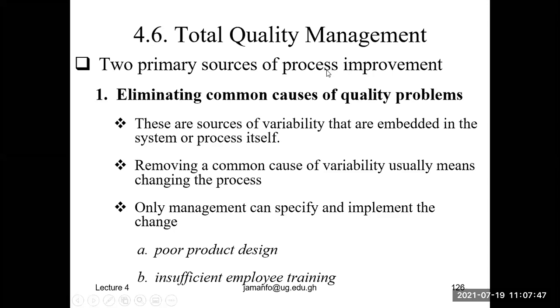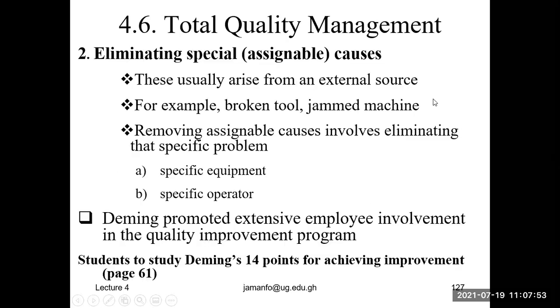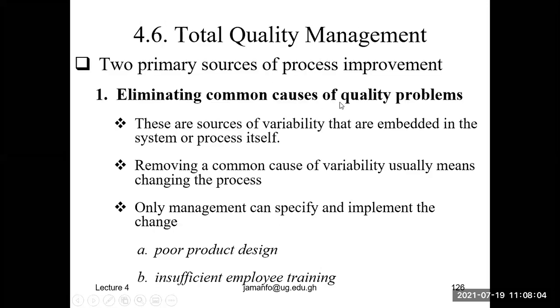Two primary sources of process improvement: one, eliminating common causes of quality problems, and two, eliminating special or assignable causes. Please take notes.